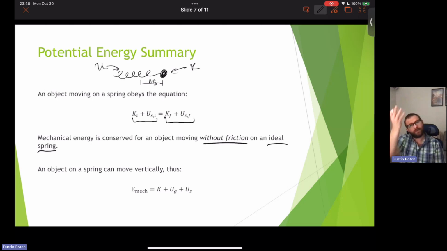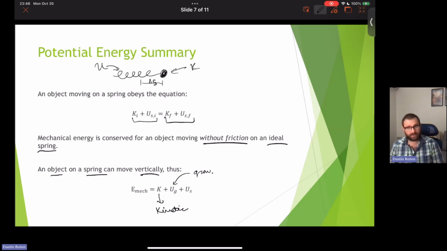So if the spring is moving vertically, now this is key. So an object on a spring can move vertically. That means the mechanical energy is going to have kinetic energy. It's going to have gravitational potential energy. So grav potential energy. And then it's also going to have spring potential energy.